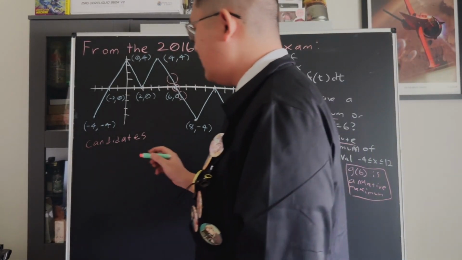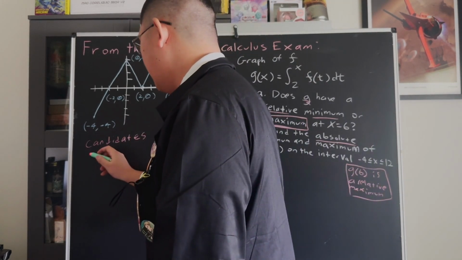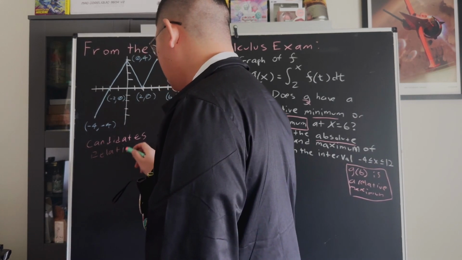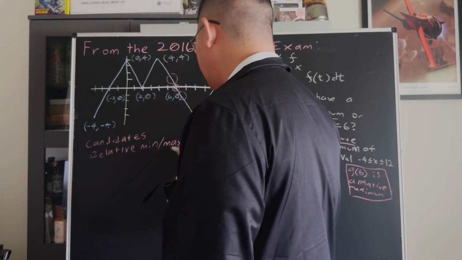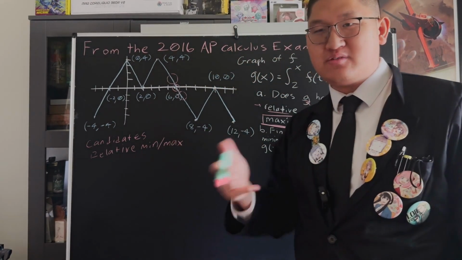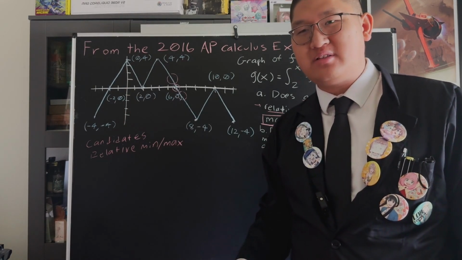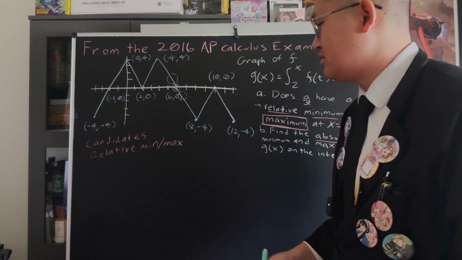And so with our candidates, at least for absolutes, we need to look at the following. Okay, first we need to look at relative minimums and maximums. Right, that should be going without saying because of the fact that it's a min or max for that area, so we must compare it to the rest of the points that may or may not match or beat out that result.